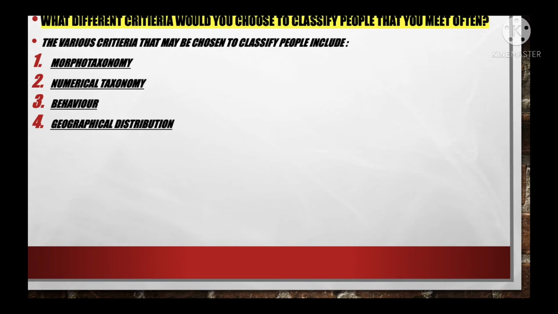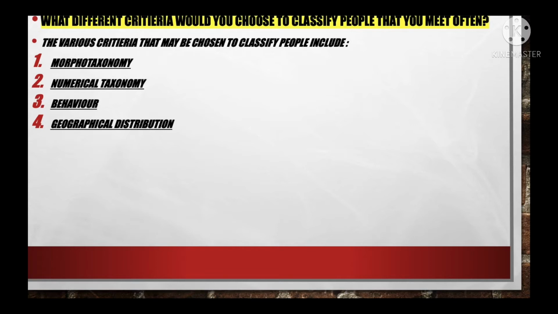First one, that is morphotaxonomy. The classification of organisms according to their morphology is known as morphotaxonomy. Now, numerical taxonomy. Numerical taxonomy is a classification system in biological systematics which deals with the grouping by numerical methods of taxonomic units based on their character states.